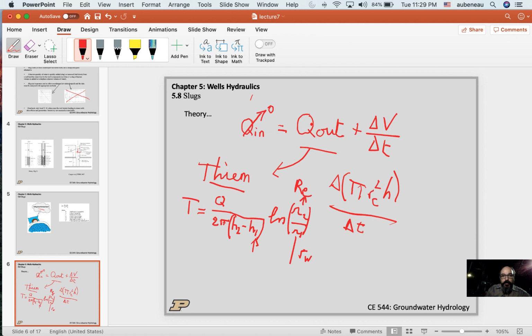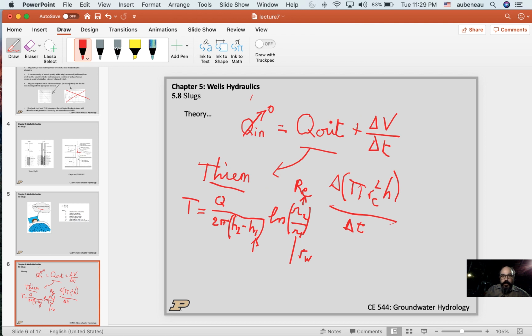Okay, so now we have everything we need, basically. Now we can just replace Q with its value, which is basically that transmissivity. So that's where we get our hydraulic conductivity here, and then here we're going to have basically 2 pi h, and then we have some ratio of some dimensions of the well and its radius of influence.